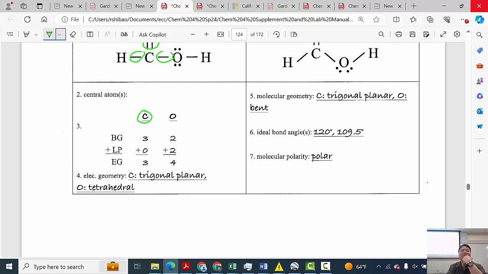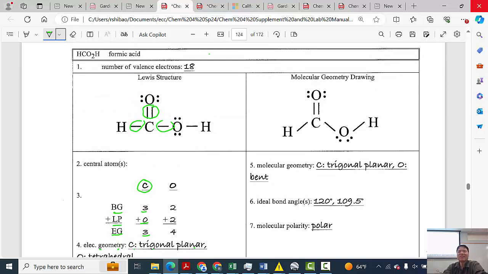They're counting the electron groups here. That's 3, and out of the 3, we have 3 bonding groups, 0 lone pairs. Out of the 3 bonding groups, 2 of those bonding groups are single bonds. 1 of them is a double bond. And so we expect the electron geometry around carbon to be trigonal planar.